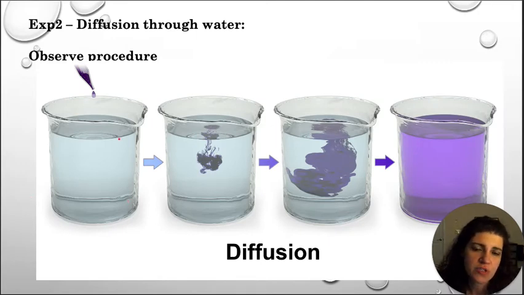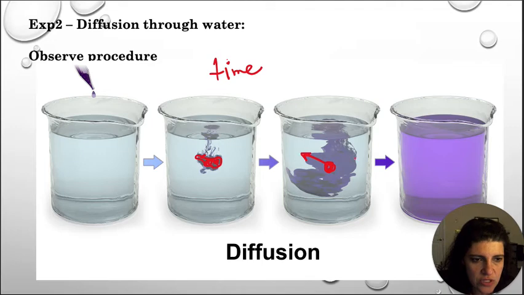It's another experiment with doing lab, where we're going to add 1 drop or 2 maybe of a dye, of a concentrated dye, in water. What happens through time? So time here. Time is passing. And as time is passing, that dye that is super concentrated here and not here tends to go from where it's more concentrated to where it's less concentrated, which is everywhere else in the water.